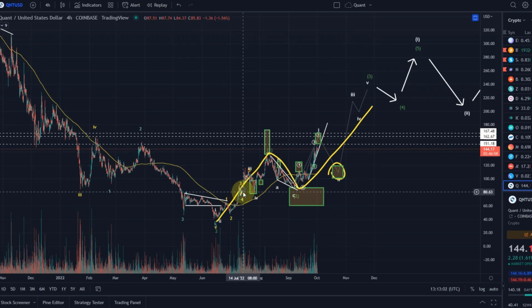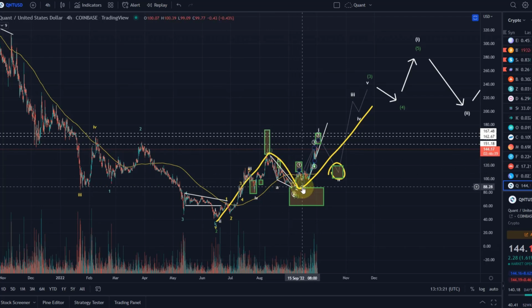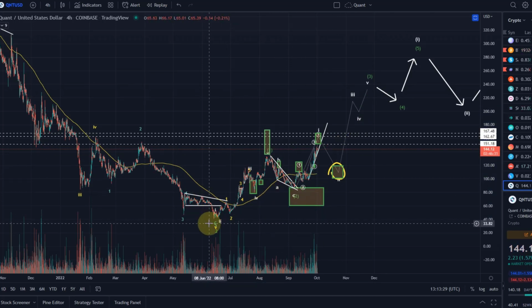You've got the concept of fractals in Elliott wave, which means that each of these impulse waves will be subdividing into 5 waves, and a corrective wave pattern most likely into 3 waves. So on the lower time frame you have these 5-wave structures, impulses, followed by corrective waves, which are followed by impulses. So on the lower time frame we're also in this situation where we're breaking out.